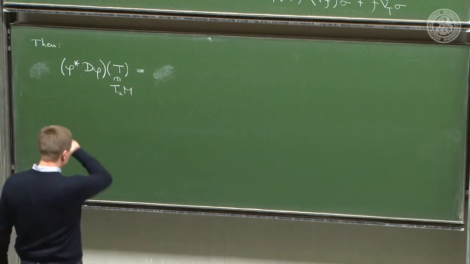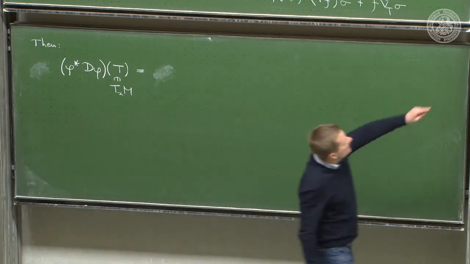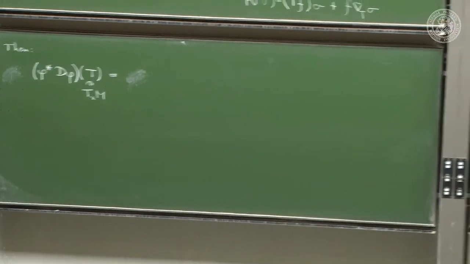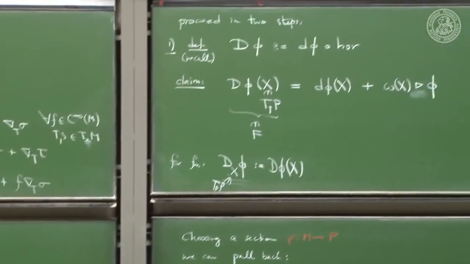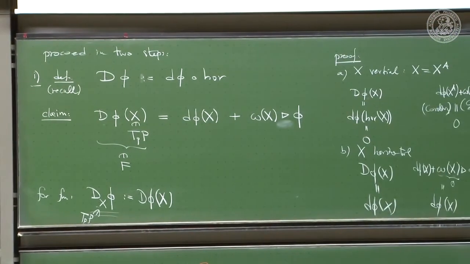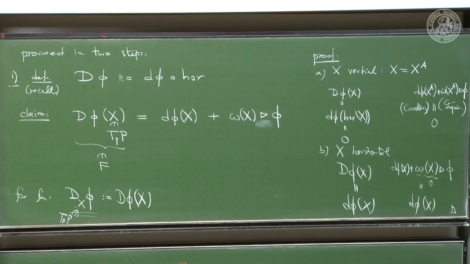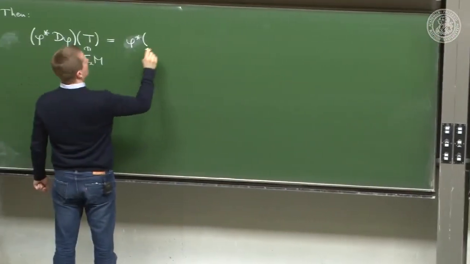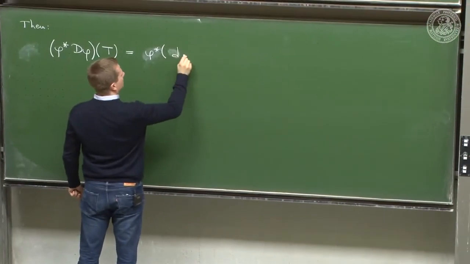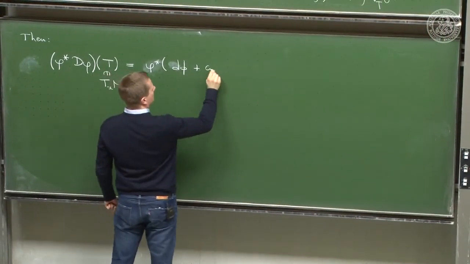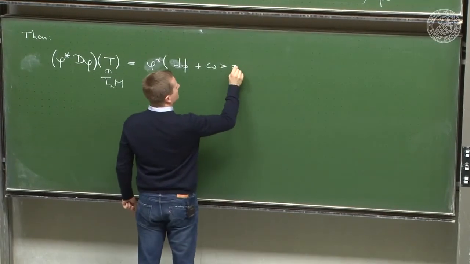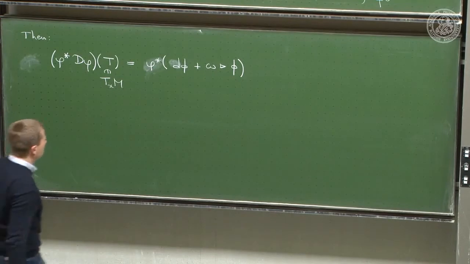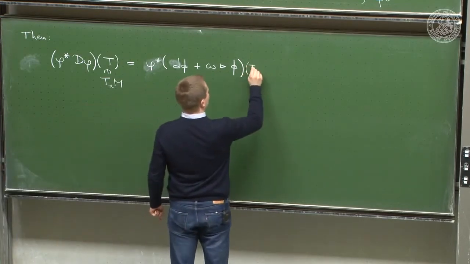So we can do it like this. This formula up here that I wrote with x's, d phi plus omega x, can be written without x's, and it's equally true. So this is then the pullback of d phi plus omega applied to phi, from the corollary up there of t.